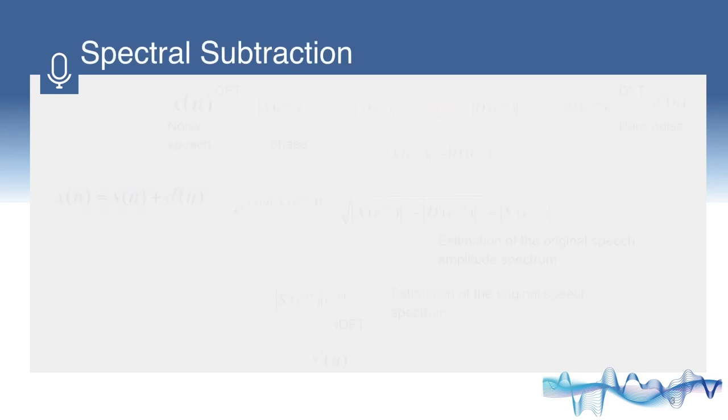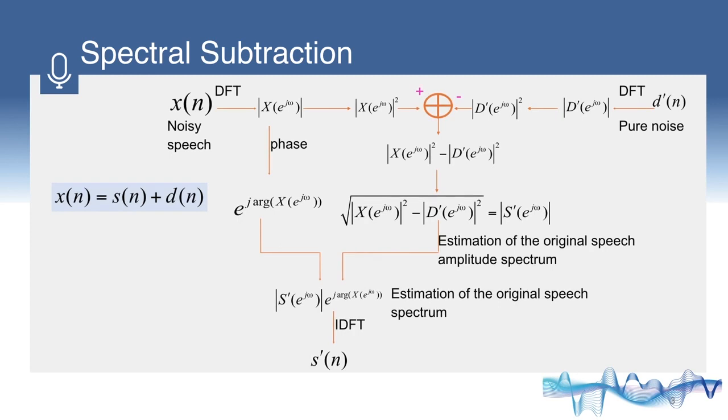The simplest and most widely used enhancement method is spectral subtraction, in which the power spectrum of the estimated noise is subtracted from that of noisy speech.